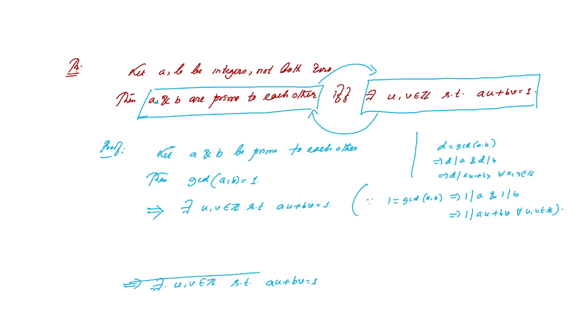So now conversely we will assume that there exist integers U, V belonging to Z such that AU plus BV equals 1. What do we have to prove? We have to prove A and B are prime to each other.